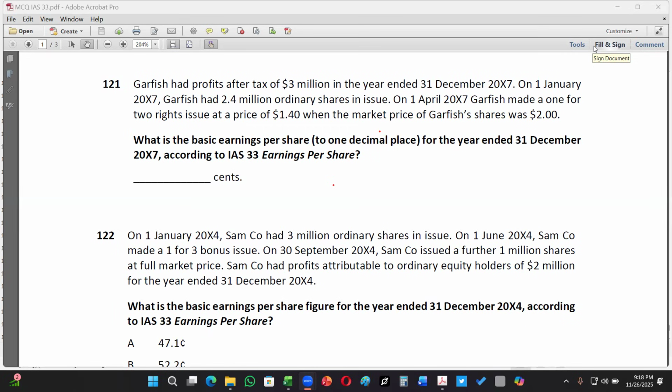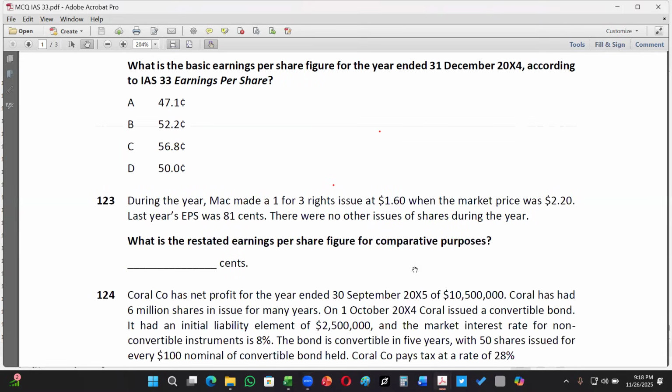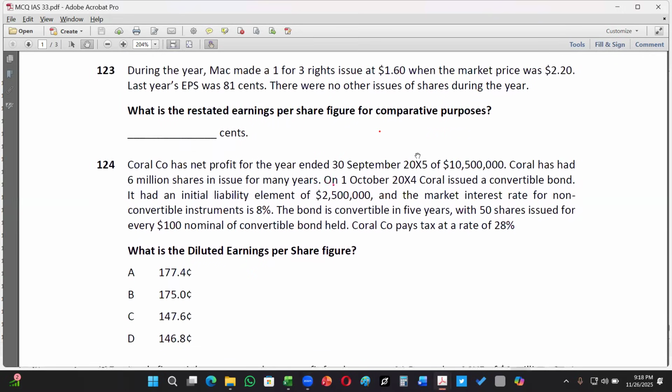First of all, we are going to attack basic EPS. In the first question, we will be dealing with the rights issue. In the second question, we are going to be dealing with the bonus issue. Then there's another situation where we have to calculate the EPS for the previous year. That is the fifth issue, and we're also going to do that.